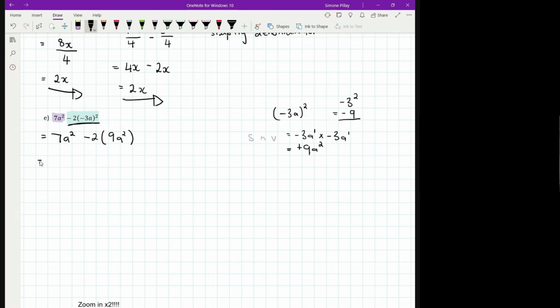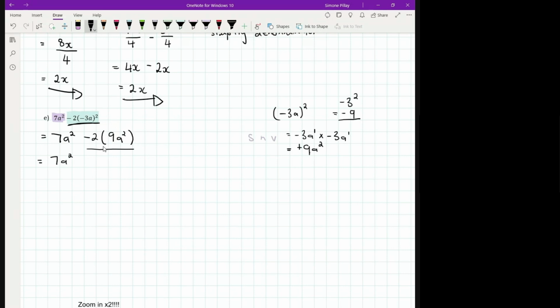Okay, not quite yet. Do we have each term simplified as far as it can go? 9a square can get simplified, I guess. I don't know, ma'am. So this whole term, Rory-san, we can still distribute, right? Yes, ma'am.